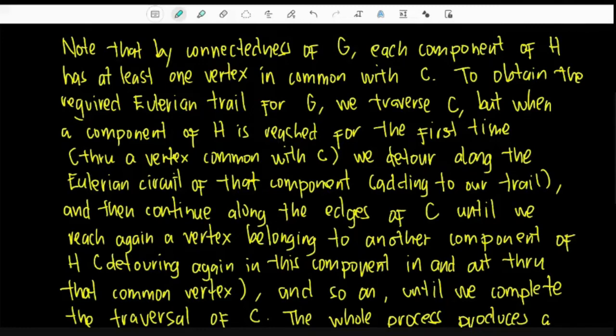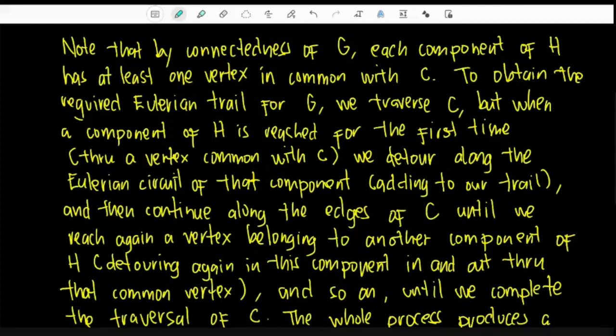We detour along the Eulerian circuit of that component, adding to our trail. So, sisimulan natin doon sa cycle C natin, pero once na narating natin yung component ng H for the first time, susundan natin yung Eulerian circuit ng component na yon hanggang makabalik tayo dun sa common vertex.